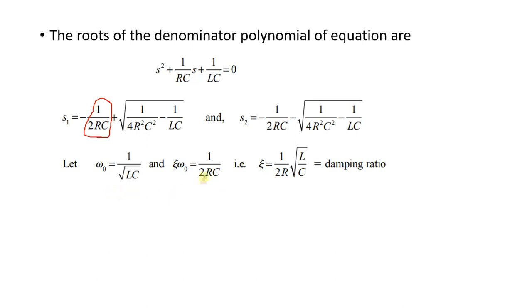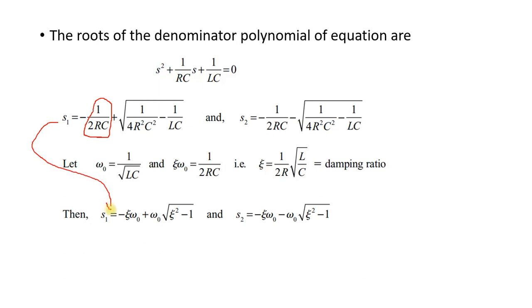From these three values I rewrite the roots: s1 equals minus zeta omega naught plus omega naught times the square root of zeta squared minus 1, and s2 equals minus zeta omega naught minus omega naught times the square root of zeta squared minus 1.